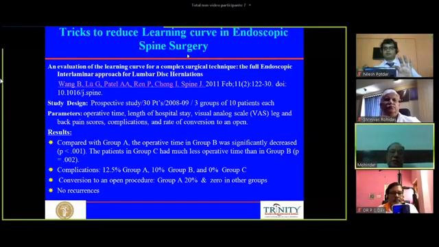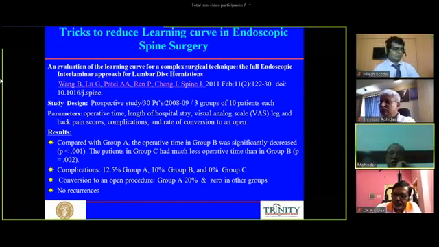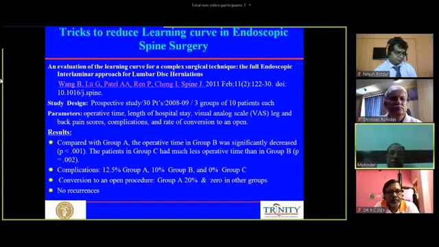And now there's another paper, an evaluation of the learning curve for a complex surgical technique, the full endoscopic interlaminar approach for lumbar disc herniation. This was a study where three groups of patients were created, A, B, and C, 10 patients each. If you see the results, compared with group A, the operative time in group B was significantly decreased, and the patients in group C had much less operative time.